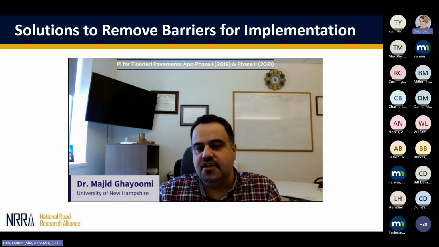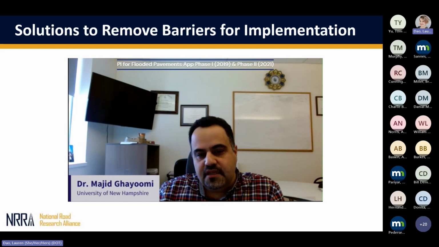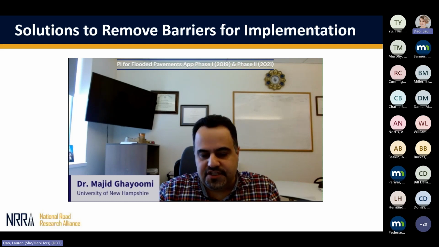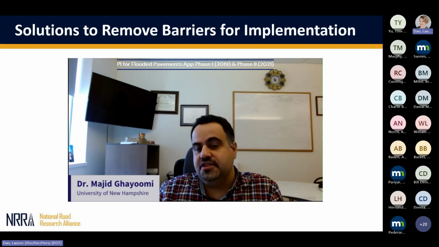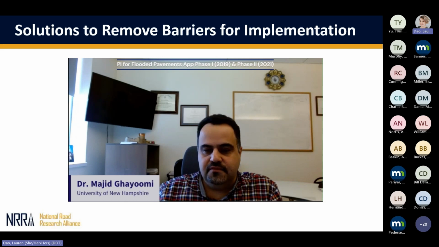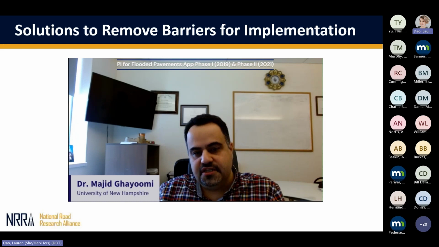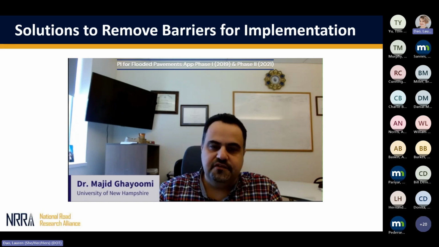First, the clear definition of what the implementation means at different steps of the project. And I really recommend that the funding organization or whoever manages the research from different academia or industry put a specific budget for the implementation effort.